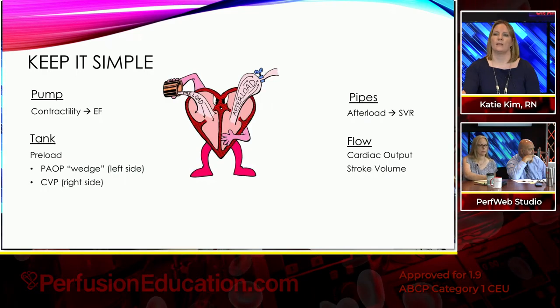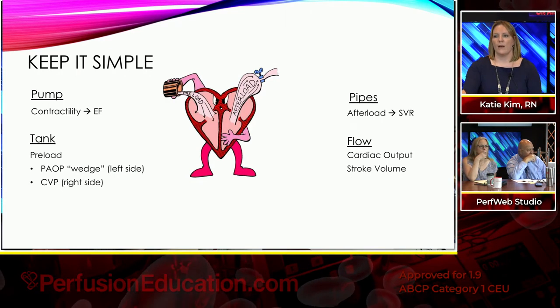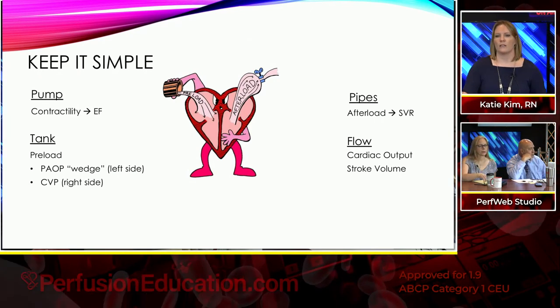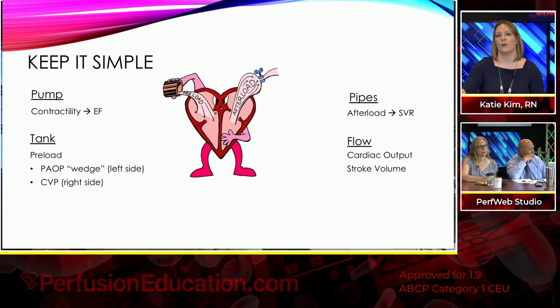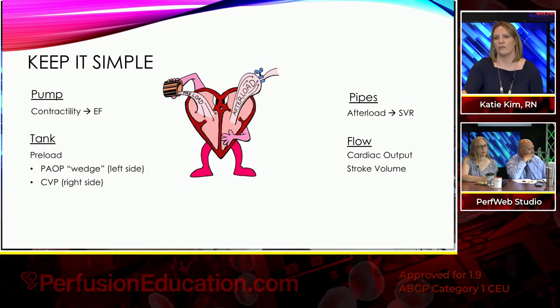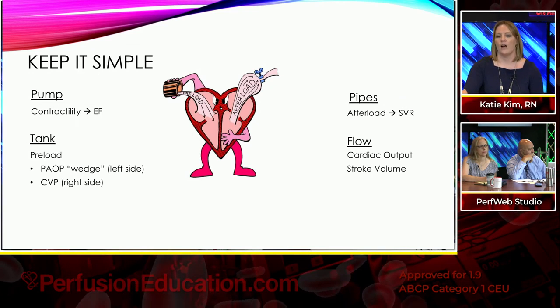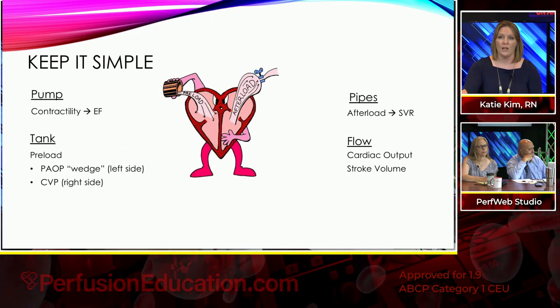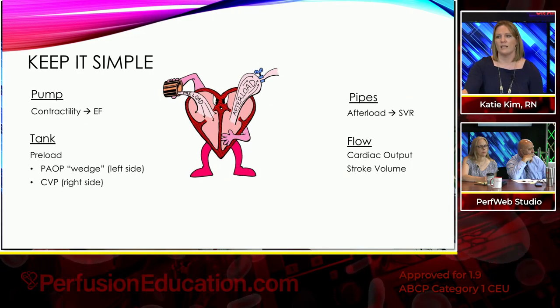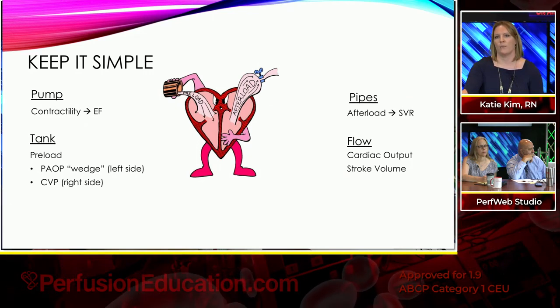So let's try and keep this simple. Think about the cardiovascular system as pump, tank, pipes, and flow. The way that we measure how effective the pump is, is by measuring the ejection fraction. So you'll get an echocardiogram to do that. And that's going to tell us, is it contracting the way that it's supposed to?